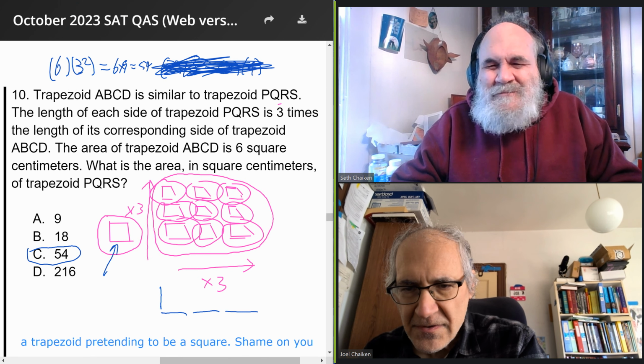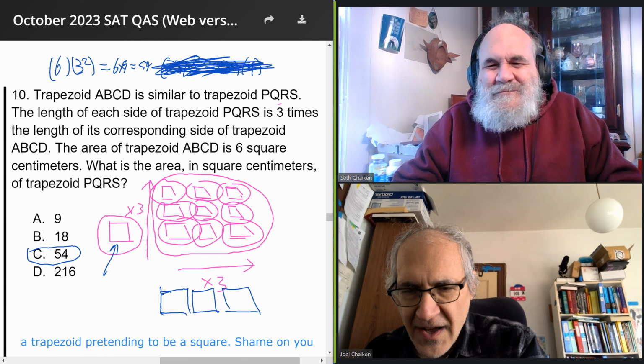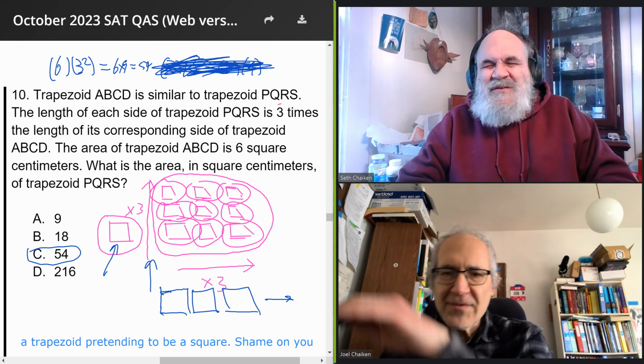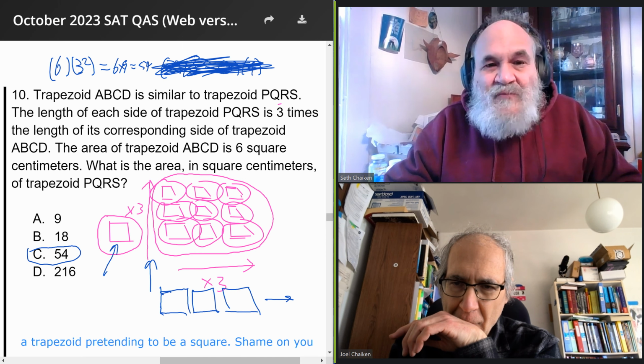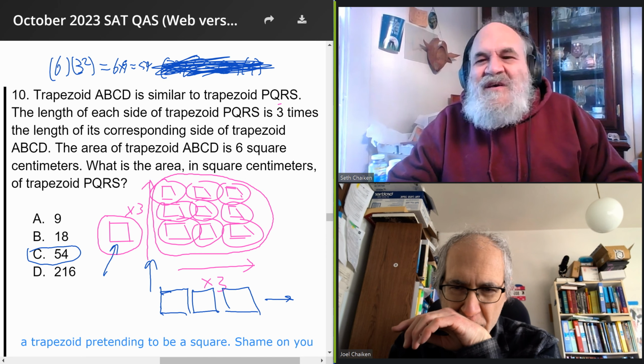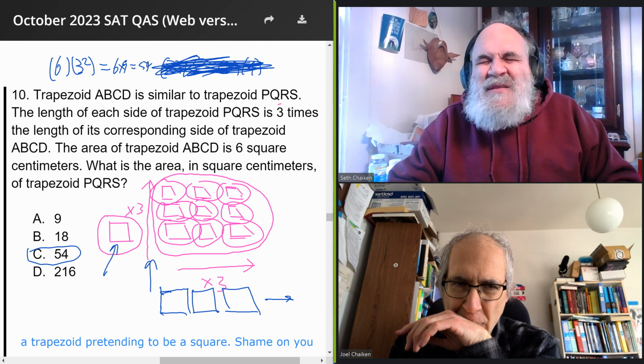So in other words, we've got it 3 times bigger in this direction, and also 3 times bigger in the vertical direction. The idea is conveyed by the picture.